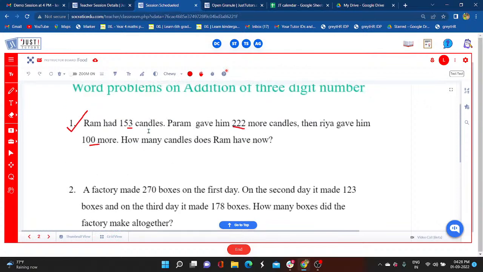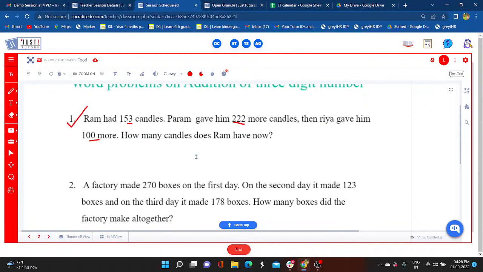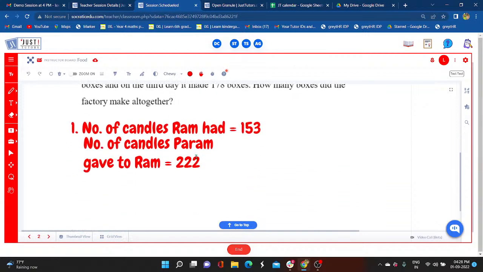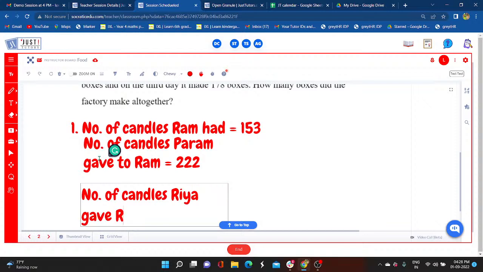These are the number of candles that Param gave to Ram. Then Riya gave him 100 more. Number of candles Riya gave Ram.